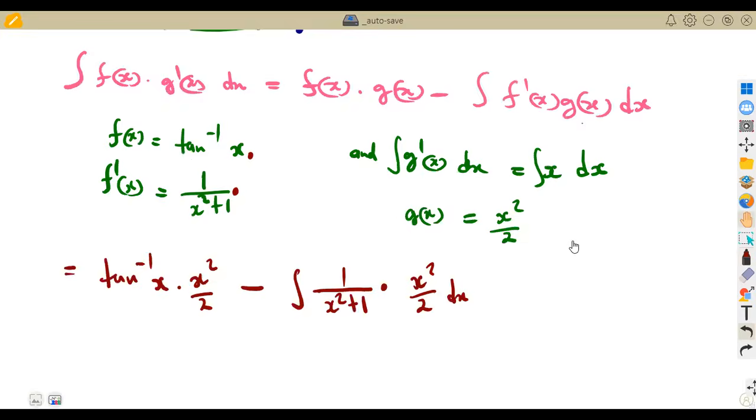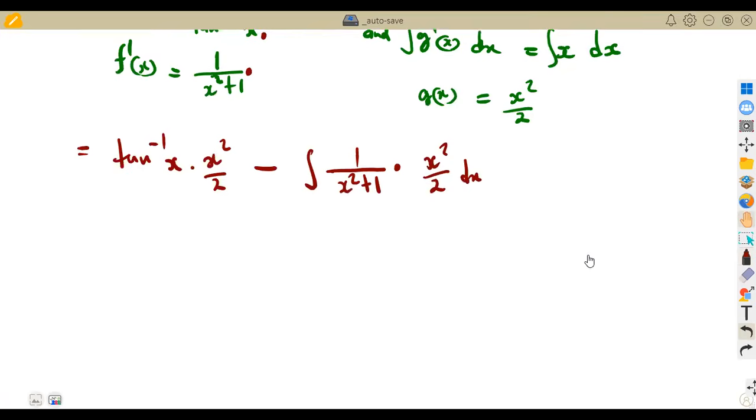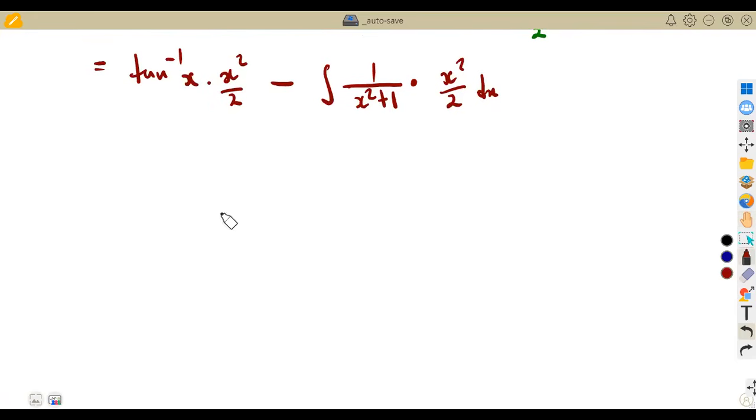This is an interesting question, so let's simplify. What are we going to have here? Arctan x times this x squared over 2 we can just write as x squared over 2 arctan of x, which is fine like that.